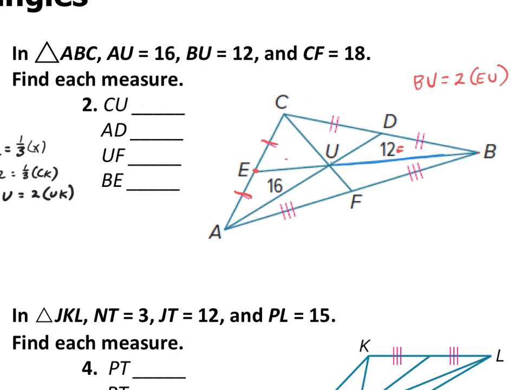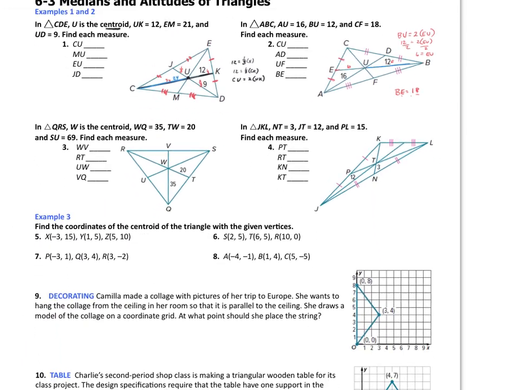So I could fill in my numbers. 12 is equal to 2 times EU, divide by 2, and then I know that EU is equal to 6. So then BE is equal to 18. And sure enough, EU is 1/3 of 18, and EUB is 2/3 of 18. So I'm able to use those properties.